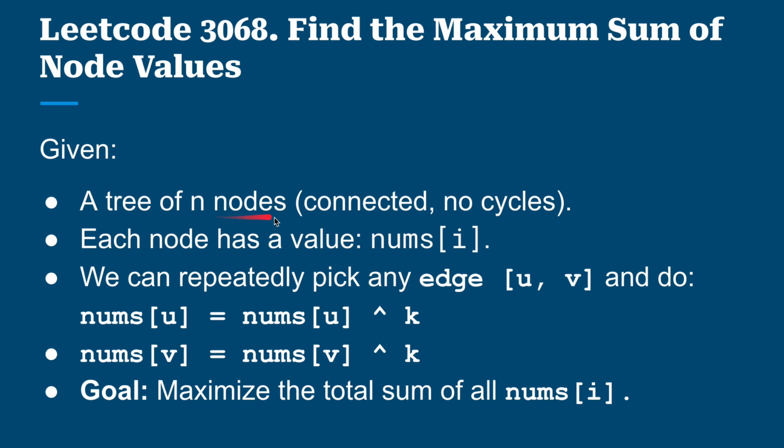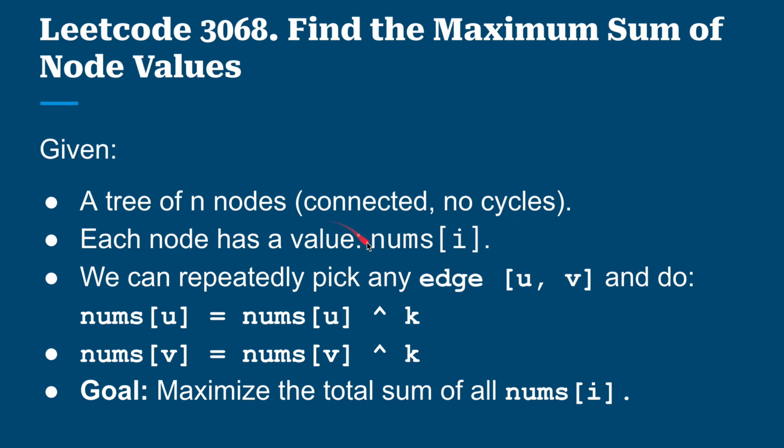What we have been given is n nodes in a tree, which means it is connected but there is no cycle. All the nodes are connected with each other, but there is no cycle. Each node has value nums at i.